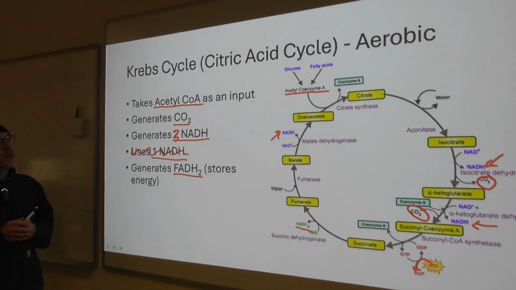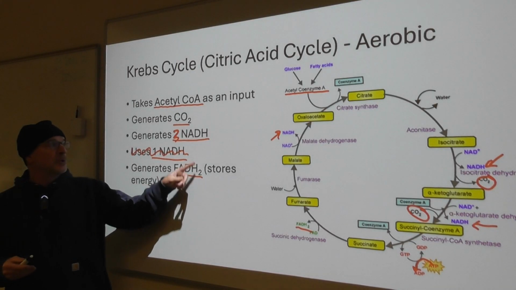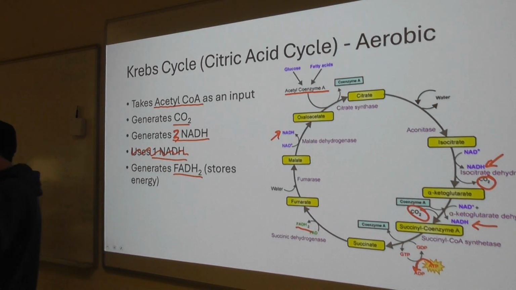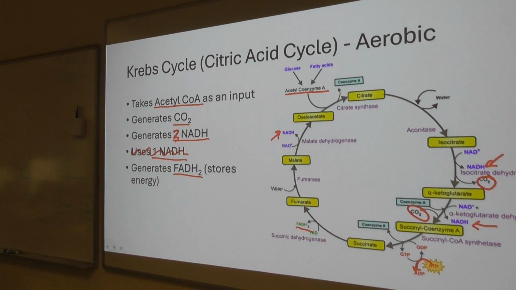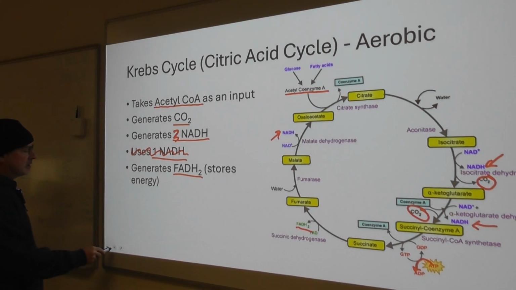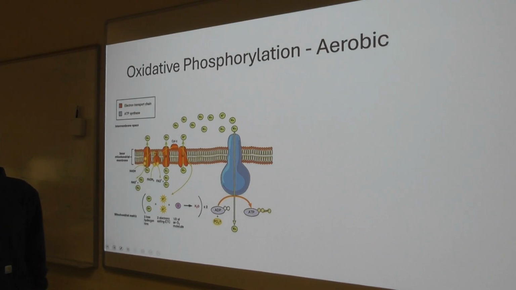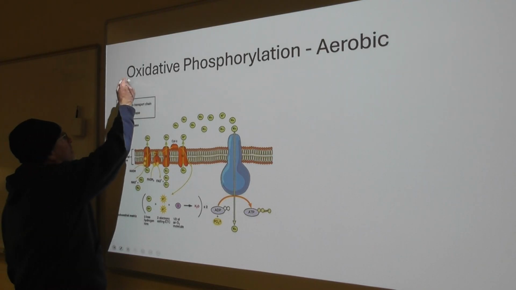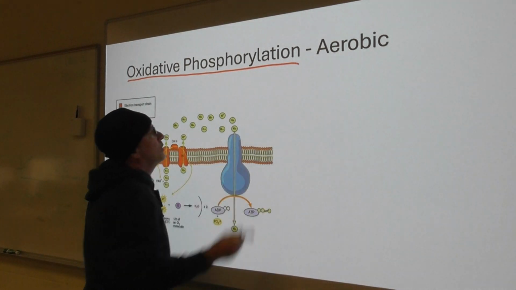All right, so the main point of the Krebs cycle is to produce FADH2 and NADH. That's where the action is. We haven't used any of it yet. That we're going to use in the next step, which is the subject of your POGL from the other day, and that's oxidative phosphorylation.